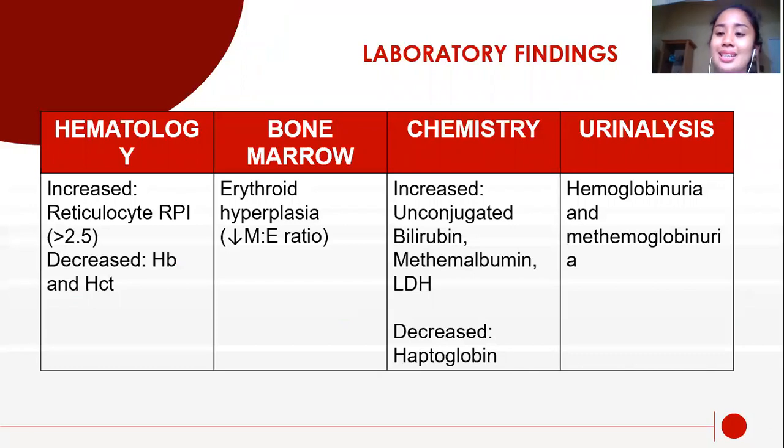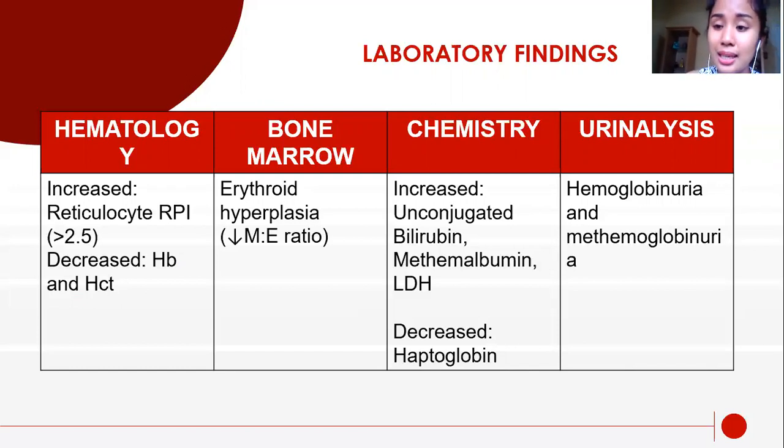The laboratory findings. Class, ito yung gusto kong i-memorize nyo sa hemolytic anemia. So, expect increased reticulocyte and reticulocyte production index, decreased hemoglobin, hematocrit, just like any other anemia, decreased myeloid-erythroid ratio kasi mas mataas ang erythroid. Chemistry, class.